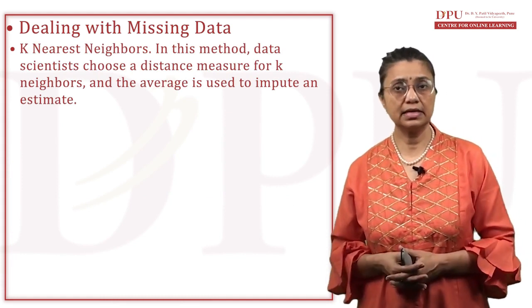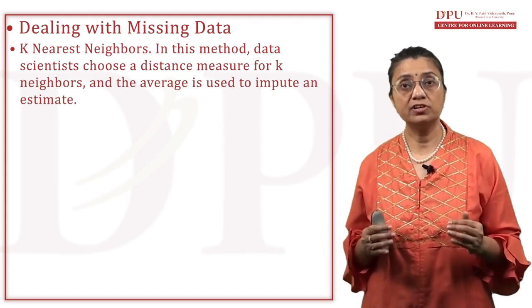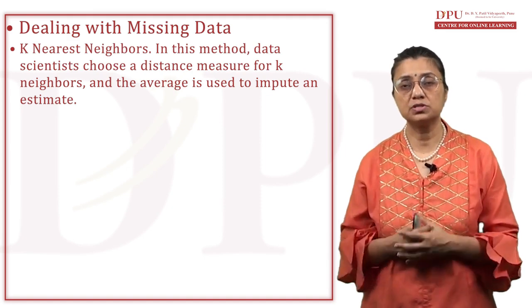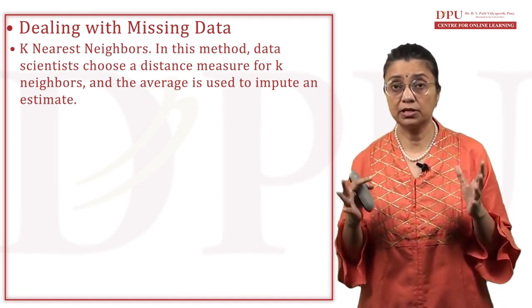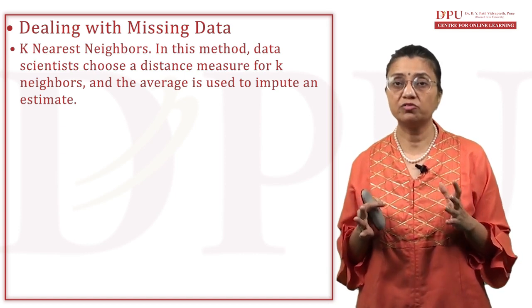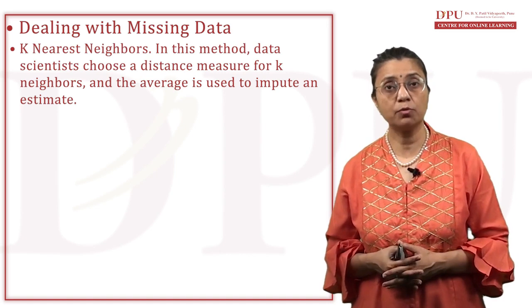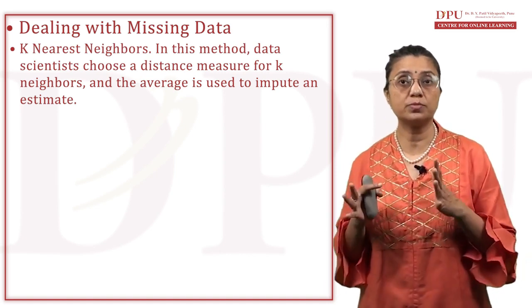In this method, data scientists choose a distance measure for k neighbors, and the average is used to impute an estimate. So basically here, suppose a lot of data is missing, and that particular variable is very crucial or important, we cannot just remove the records, or drop the variable.